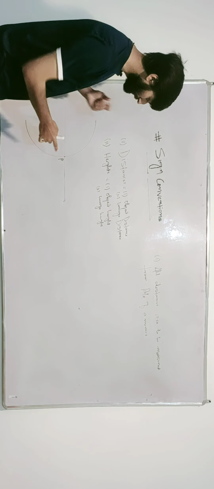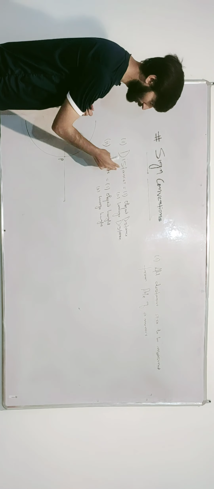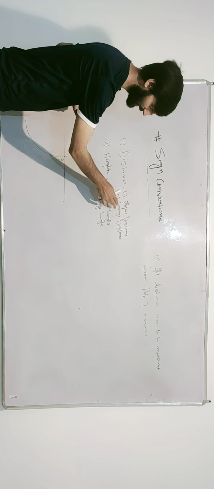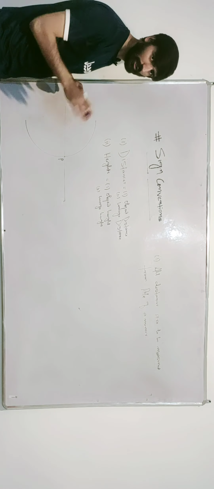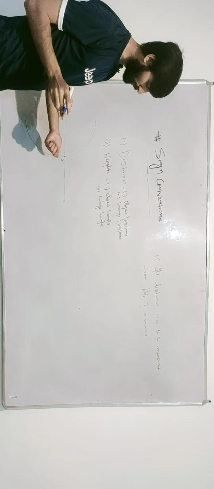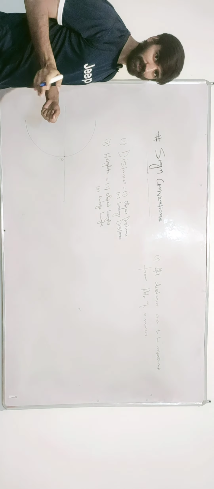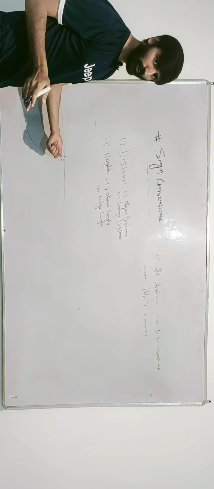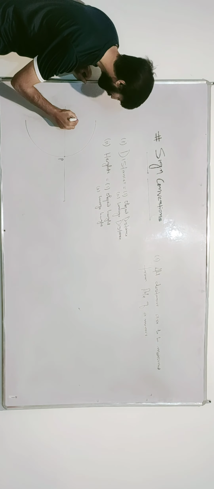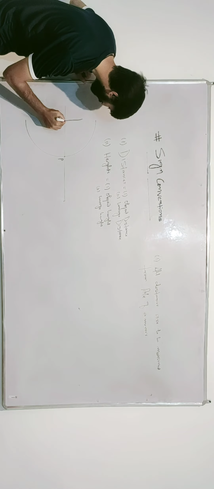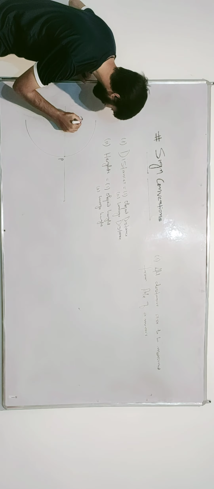We have two types of distance, object distance and image distance. If we are asked to measure the object distance, we will measure it from the pole. If we are asked to measure the image distance, we will measure it from the pole. Now suppose this is a concave mirror, and we place an object in front of it. How will we measure the object distance?